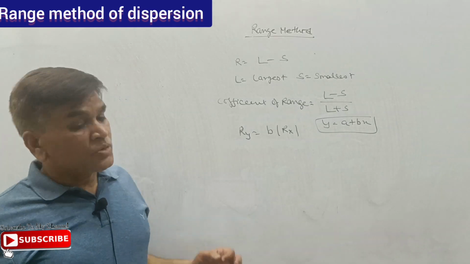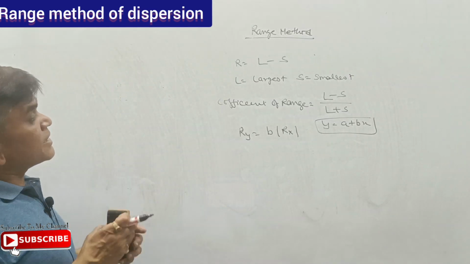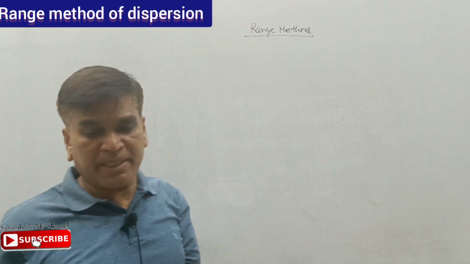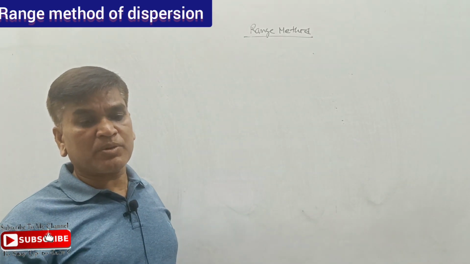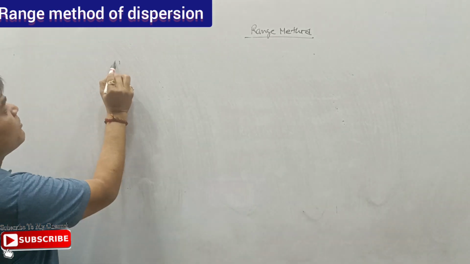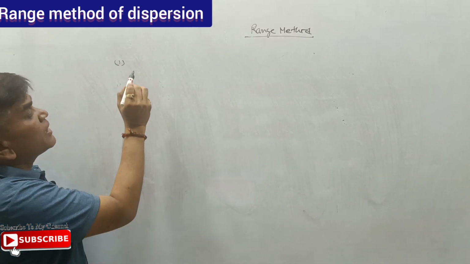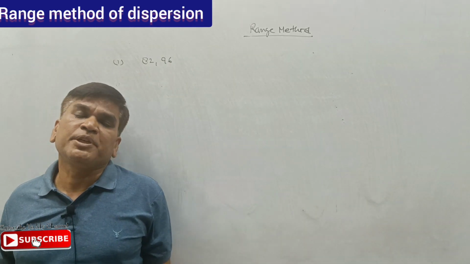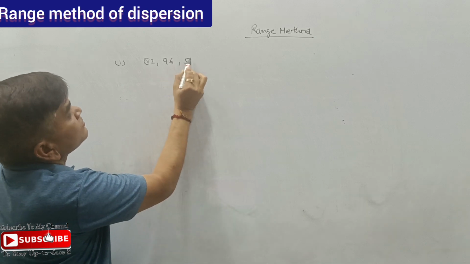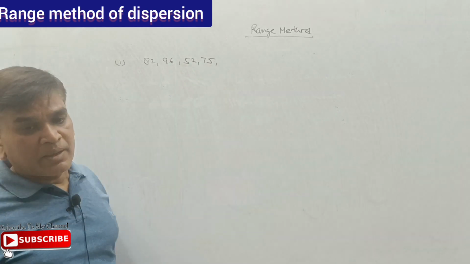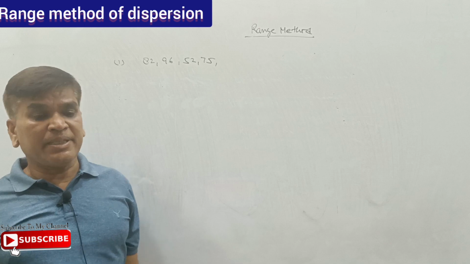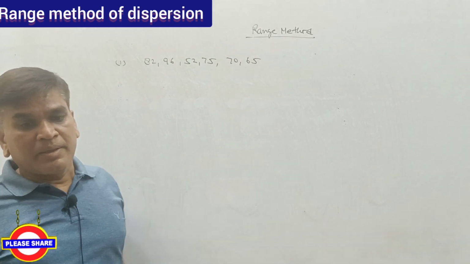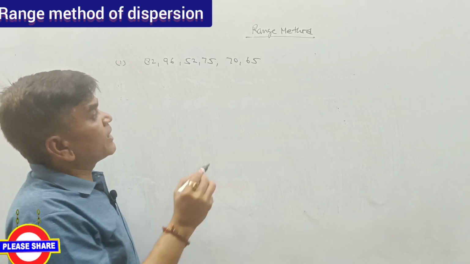Okay. First we will discuss how to calculate the range. We have an example. Suppose we are given some numbers: 82, 96, 52, 75, 70, 65, 50 and 70.